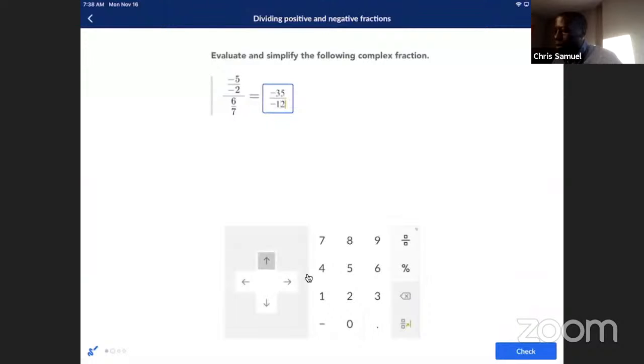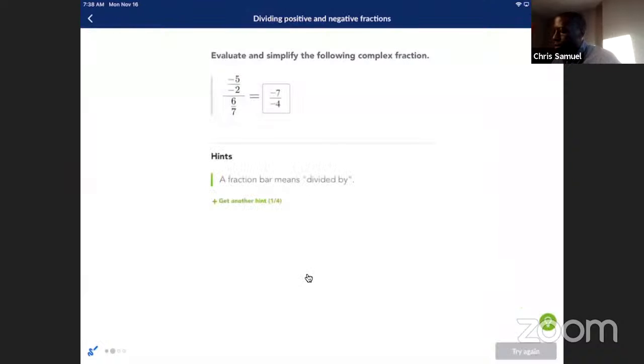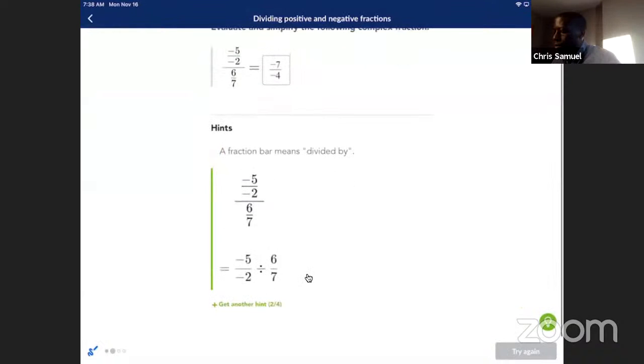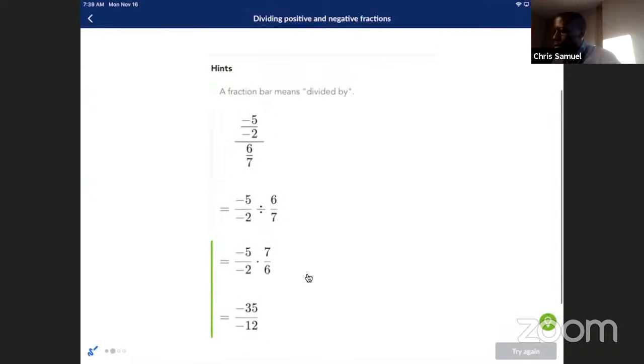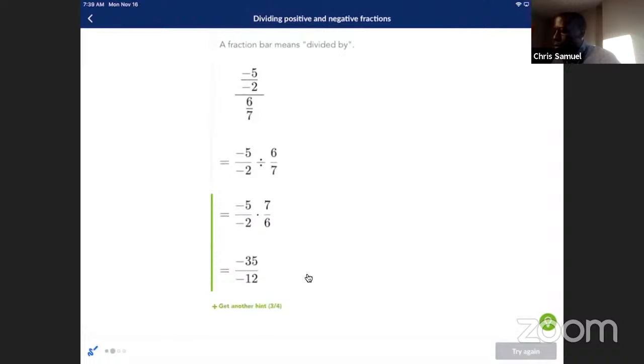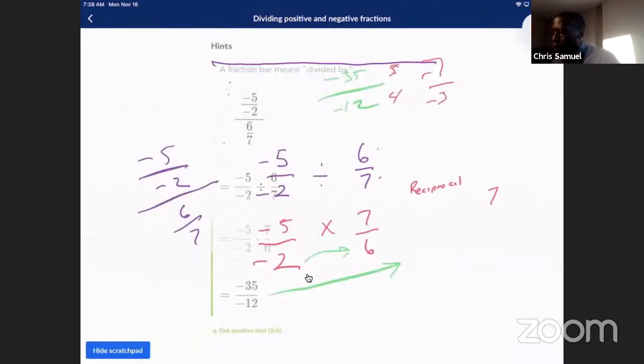Let me see if that works, because there's no one number that you could divide both of them by. Okay, so that's not working. So what is it? I flipped that. Yeah, that makes sense. I did that, we get 35 over 12. Yeah.